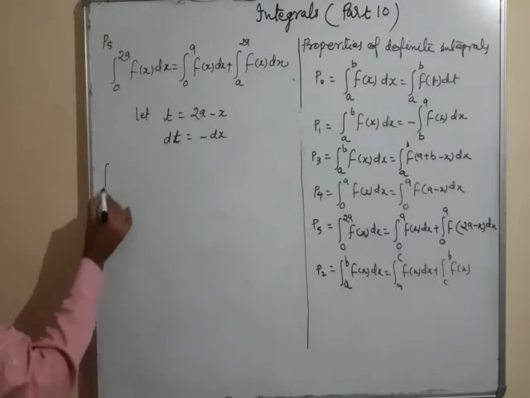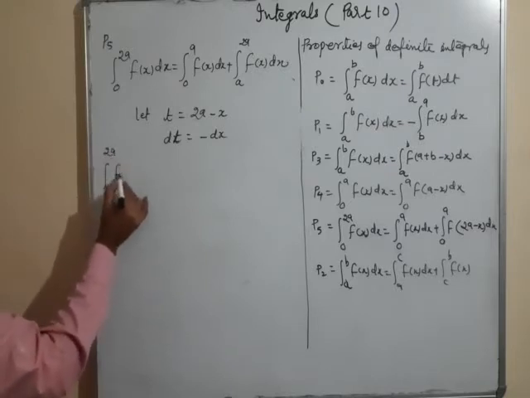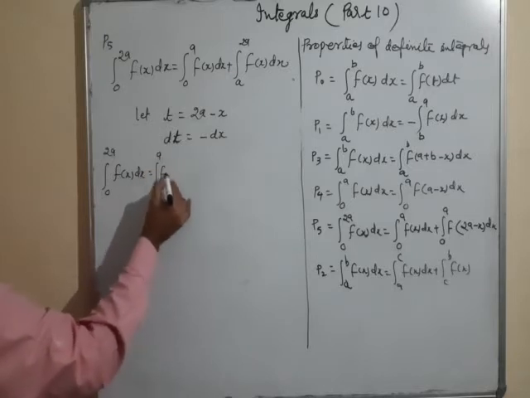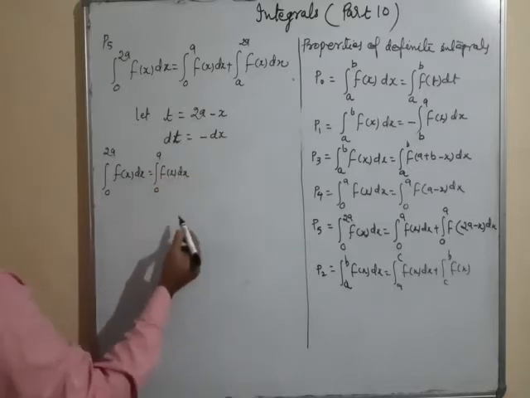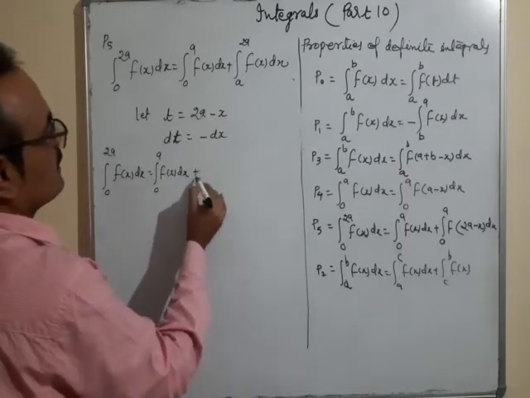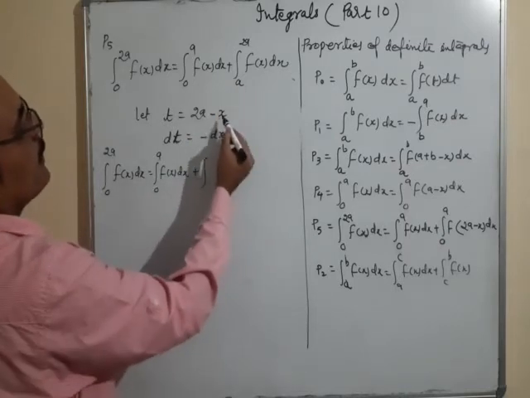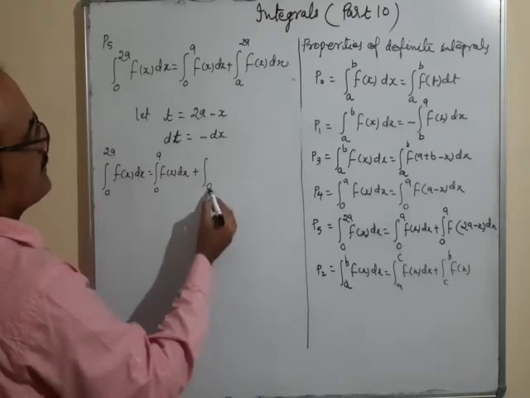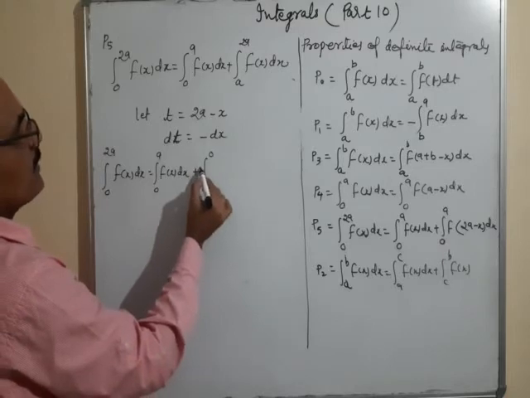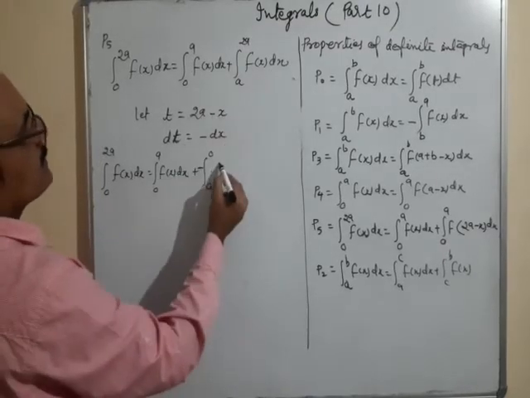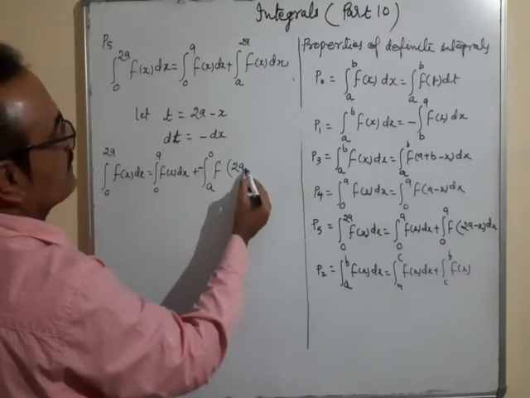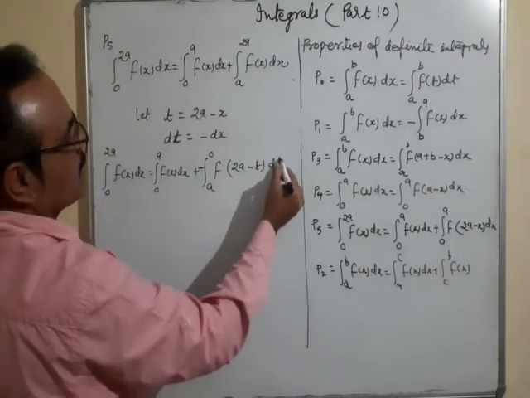Everything stays as it is: the integral from 0 to 2a of f(x) dx is equal to the integral from 0 to a of f(x) dx, no change in it, but here we are going to change it. This is a plus sign. For the lower limit a, if I put 2a minus a, it is a, and for the upper limit I put 2a minus 2a, that is 0, with a minus sign out, and this is f of, in place of x, 2a minus t, and that is dt.